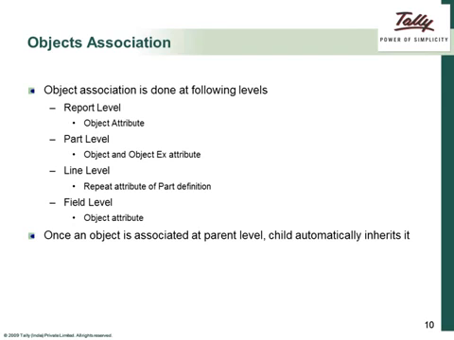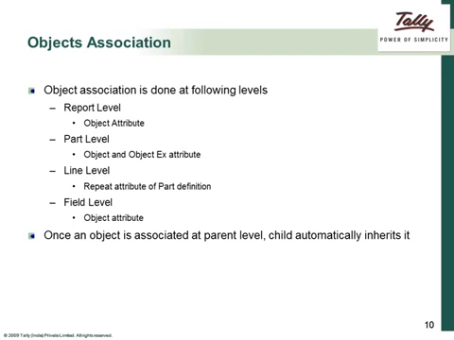When the object attribute is used at part level, an assumption is there that the report object already exists. Right? Then when do I use an object EX attribute at part level? An object EX attribute is used at the part level when there is no association at report level, or the object that is available at the report level needs to be changed at the part level.